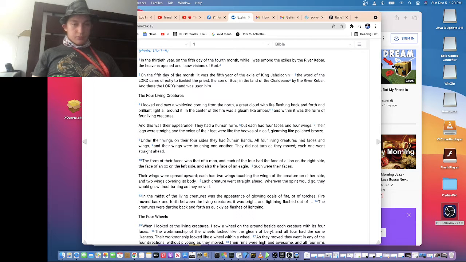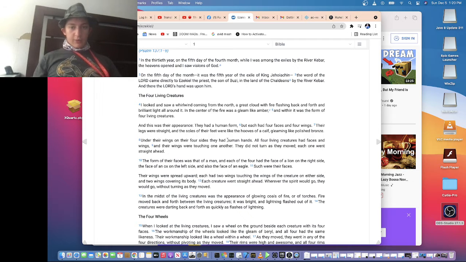Yeah, all four living creatures had faces and wings, and their wings were touching one another. So when the doors closed, they touched. They did not turn as they moved, which means the doors did not rotate.